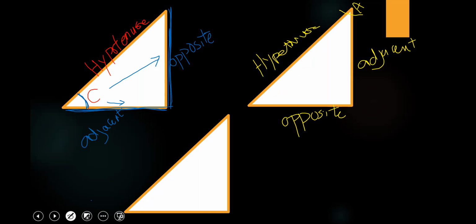So I will repeat now. All the trigonometric ratios are used only for right triangle.